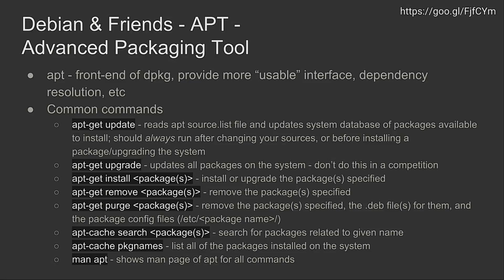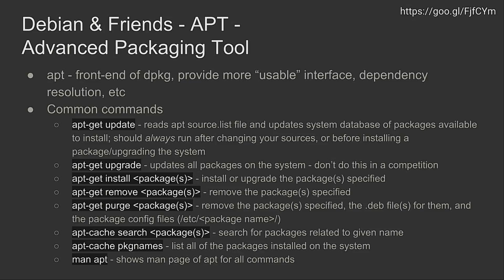apt-get purge will remove the packages that you specify, but it will also delete the deb files, the package file that gets downloaded, and any configuration files. So if you just want to totally blow away a service off your machine, you want to kill every trace of it, that's the command to do it. apt-cache search and the package.